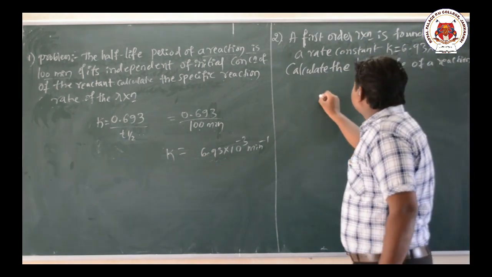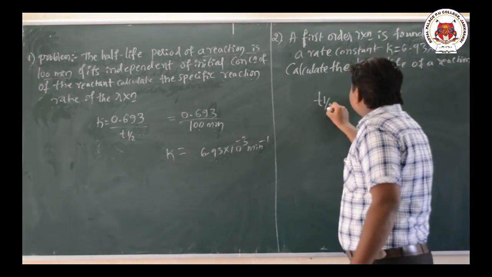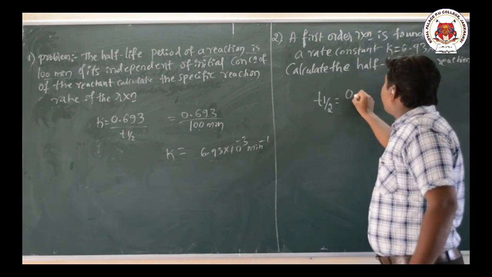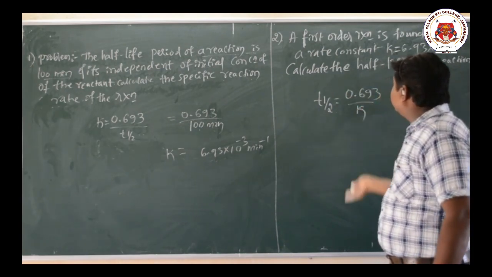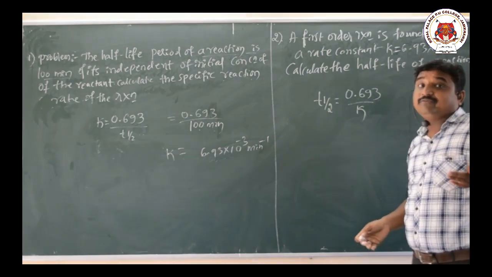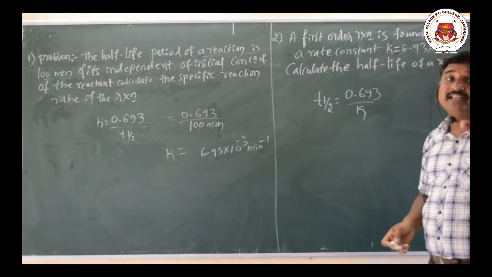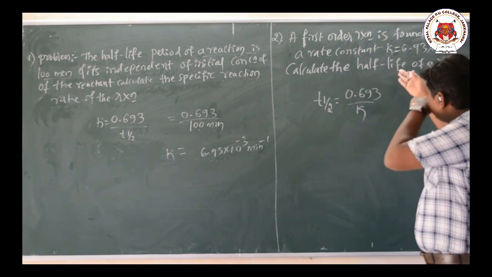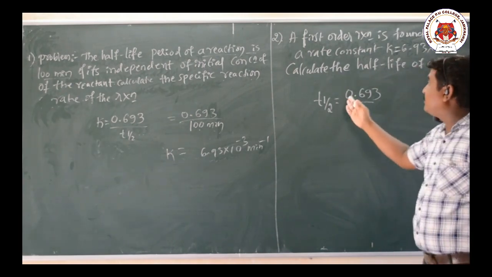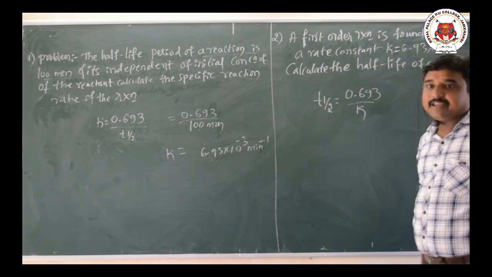Then you have to calculate the half-life, that is T half equal to 0.693 divided by K. We already know that the rate constant for a first order reaction is K equal to 0.693 divided by T half.